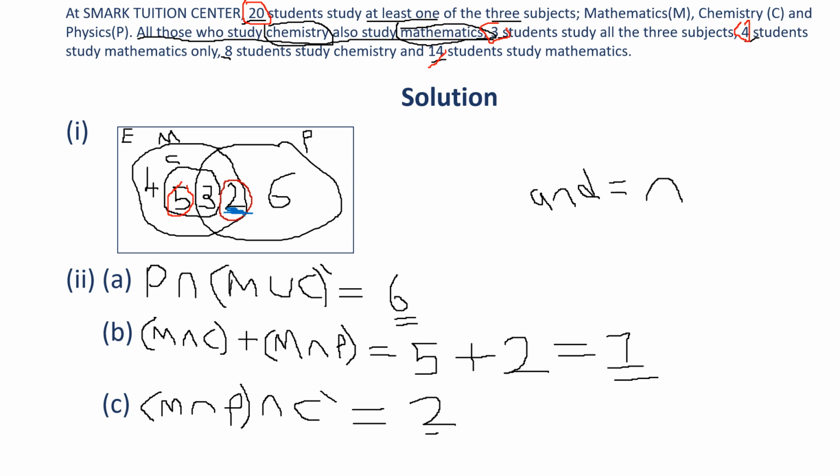So there are 2 students who are studying mathematics and physics, but not chemistry. So this is our final answer. So this is how we calculate. This is just one of the examples. There are different scenarios on how to solve sets. So you can try to go through different questions, or you can ask by commenting in the comments section.